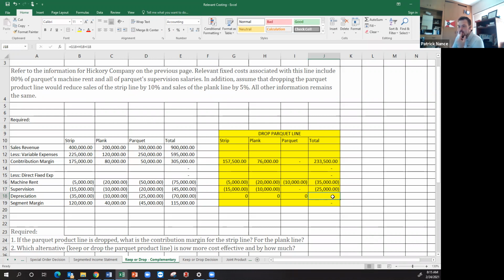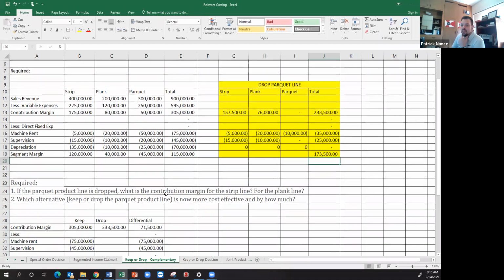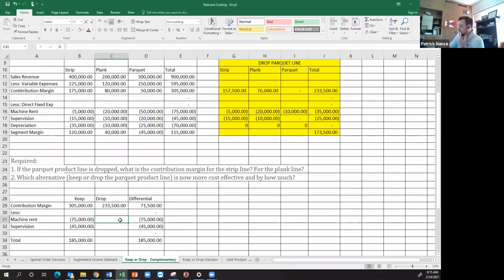So now I can find my new contribution margin in total. I can also put these numbers down here. So 35,000, 25,000. So if I keep it, I'm going to have my $185,000 worth of operating income.